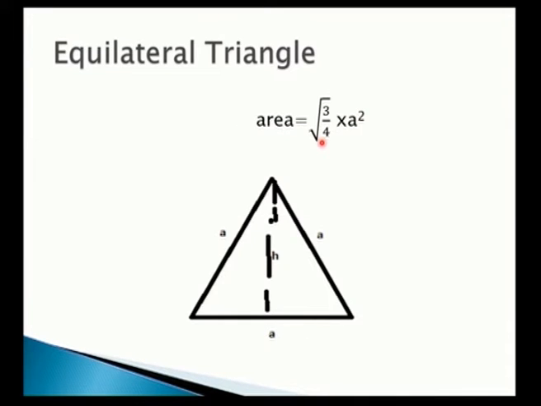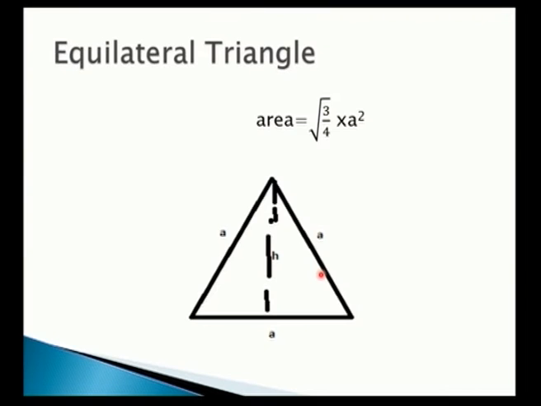Then the next basic and important shape in the field of area of plane figures is the triangle. There are many types of triangle. For each triangle, different formulas are there to calculate the area of the triangle. Here we took the equilateral triangle as the first case.